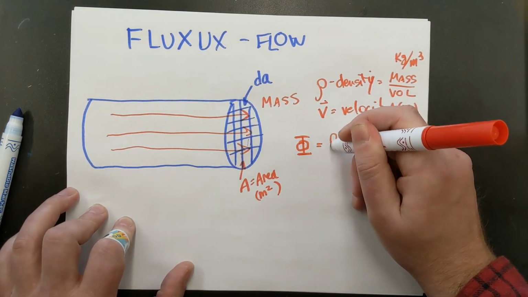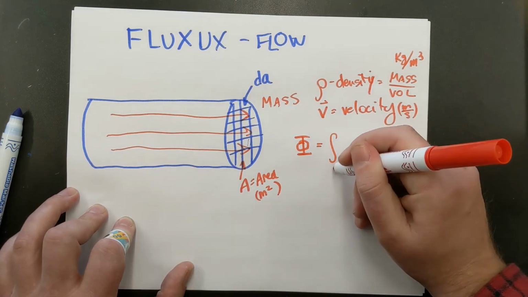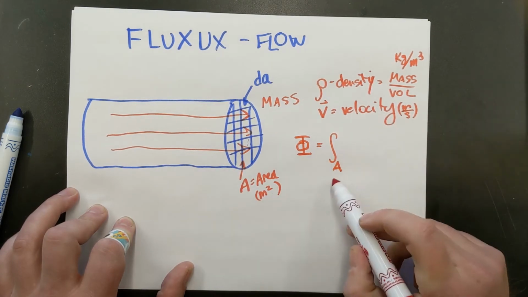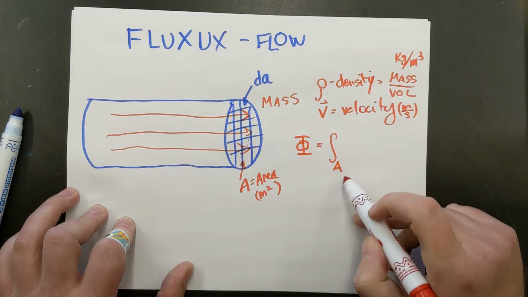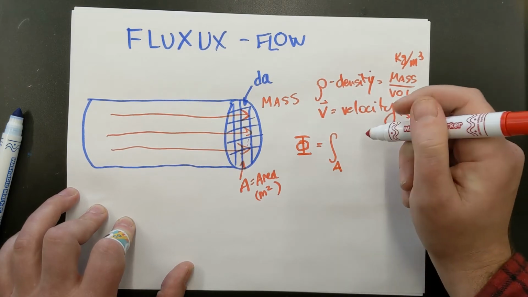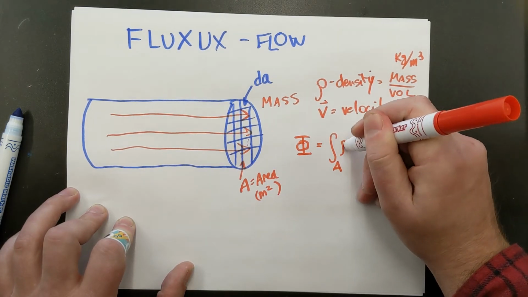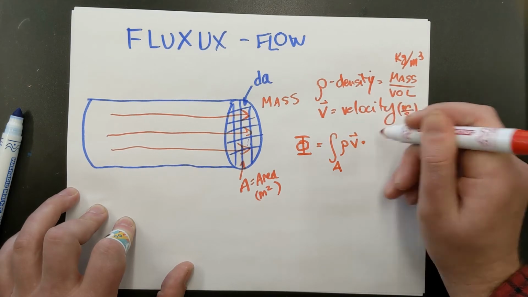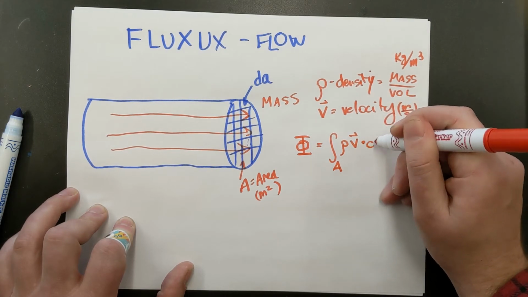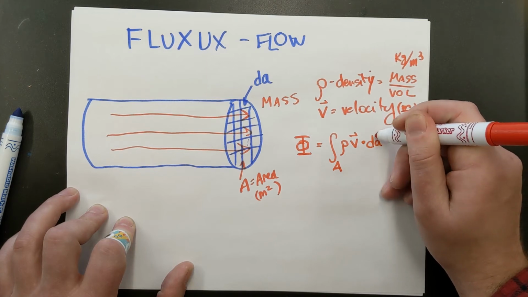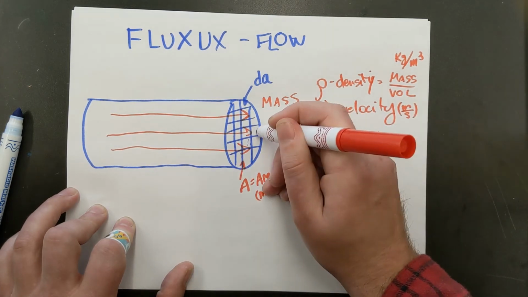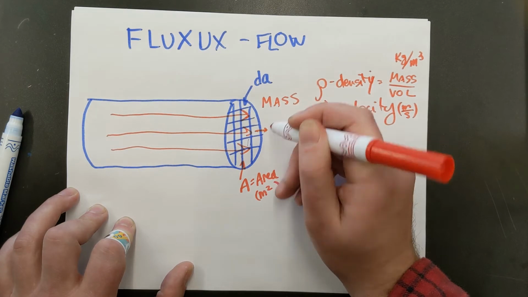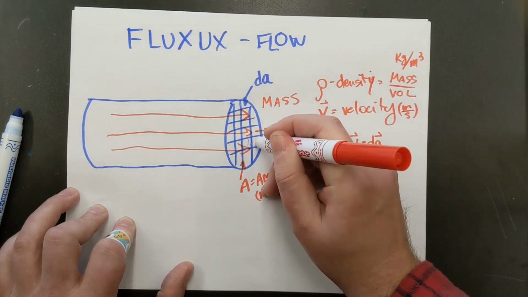That's going to be the integral over all this area. Here, instead of using a lower and upper bound, I'm just using one bound to mean cover all the area. So here I have the density times the velocity, and then we're going to use our new product, the dot product, between the velocity and this area element, where an area element is pointed, vector-wise, in the direction that it faces.